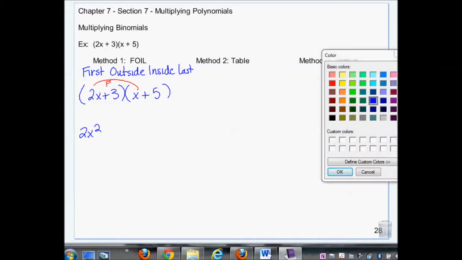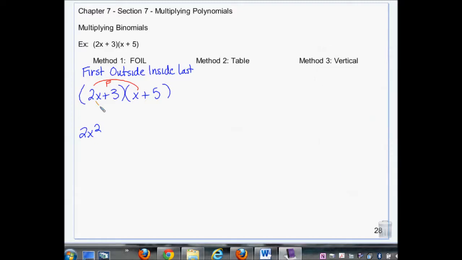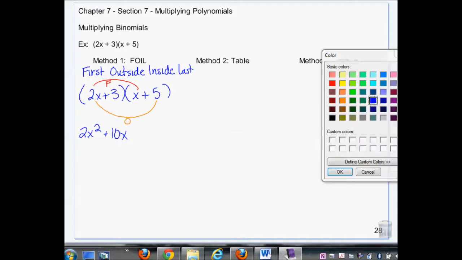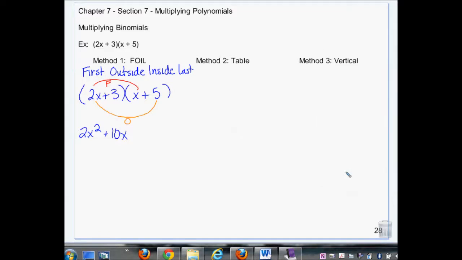And then I'm going to multiply the outside, with orange. Outside, 2x times 5 is 10x. Okay, yellow doesn't work, so we'll go to green. Then I multiply the inside. So 3x.